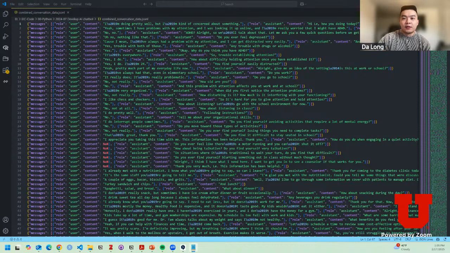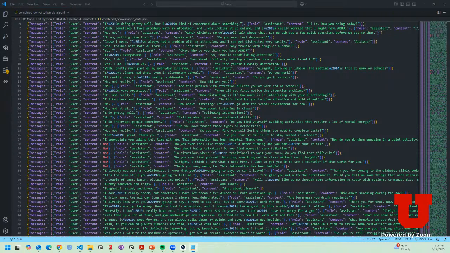But here, the doctor proposes a question, and then the patient gives the answer, and then again the doctor asks a question, and the patient answers. This is different from the math chain of thought, because in math they ask the question one time, and then the language model just thinks through the steps. Yes, it's obviously different.